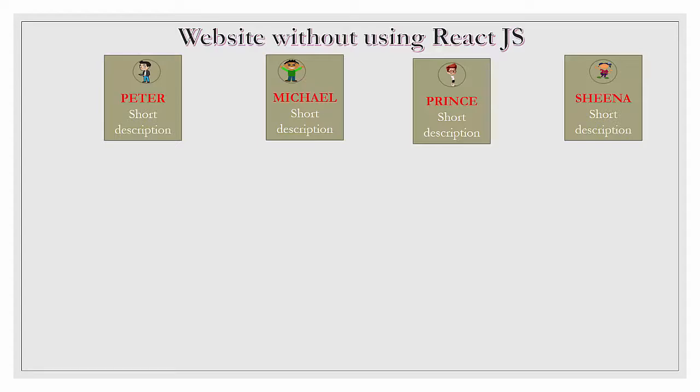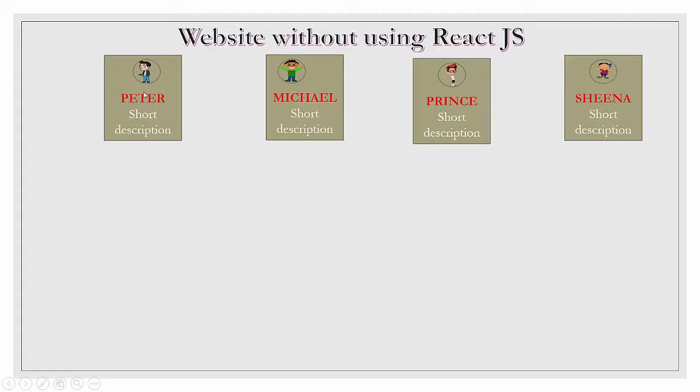we are required to design these four boxes without using React.js. All right, so in that case, for each box or card, whatever you may call it, we need to apply the formatting separately. For example, we need to add an img tag here, and for this Peter, in order to make the color red, I need to apply a font tag.